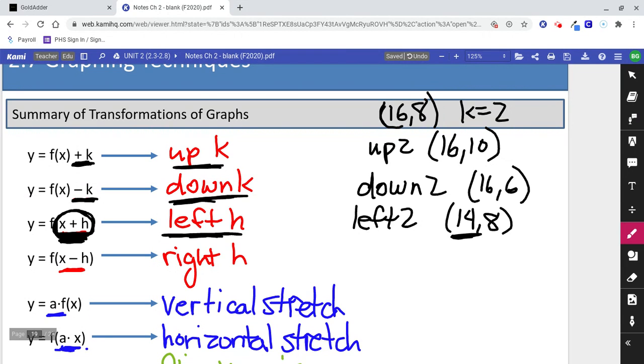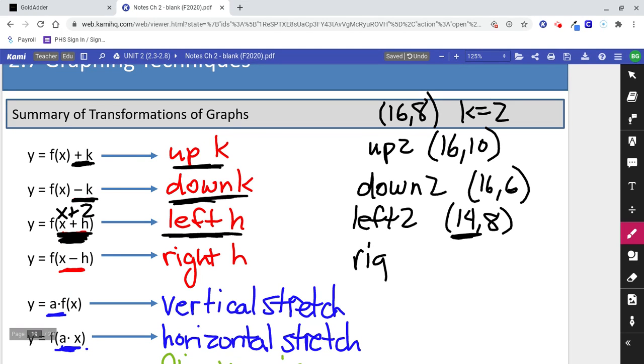Because that was this right here. And so the way it works, you can think about this as being x plus 2. And so if x plus 2 equals 16, then it would make sense that our x is actually 14, all right? I know that's kind of confusing, but really think about it hard.